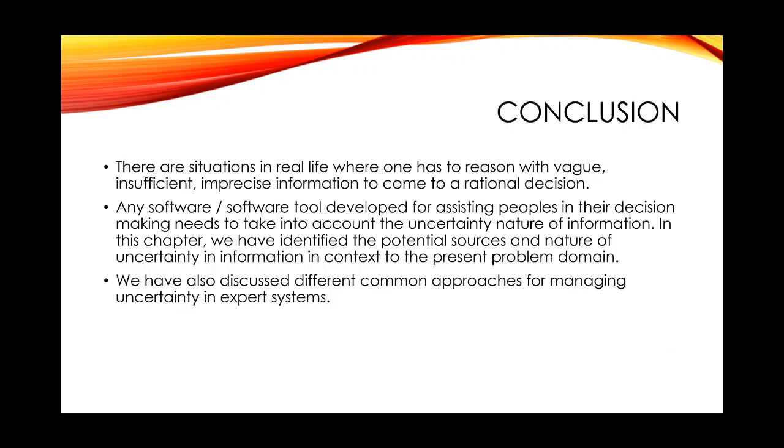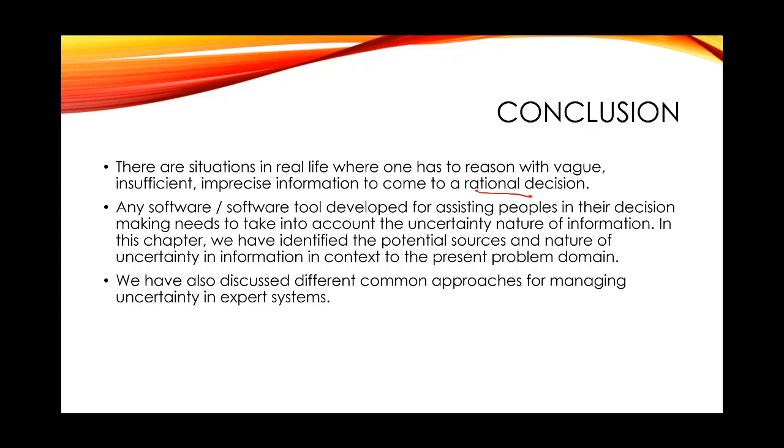The conclusion is there are situations in real life when one has to deal or reason with vague, insufficient, or imprecise information to come to a rational decision. So any software tool developed for assisting people in their decision making needs to take into account the uncertain nature of information.